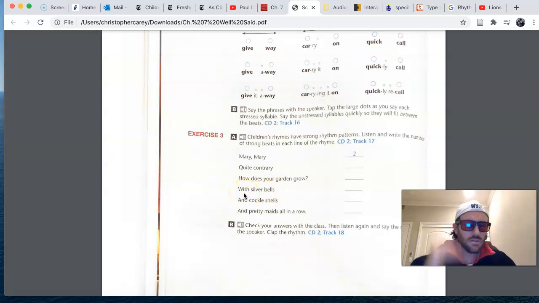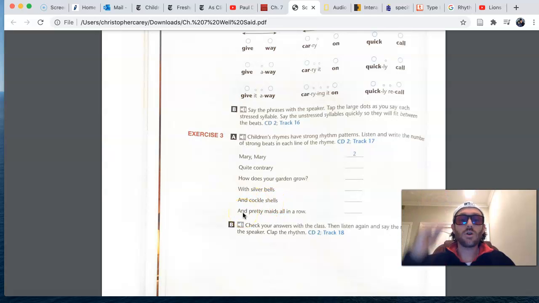I don't think it's necessarily a strong beat. Silver bells. 2 strong beats in that fourth one. And cockle shells. 2, just like the previous one. Cockle shells.